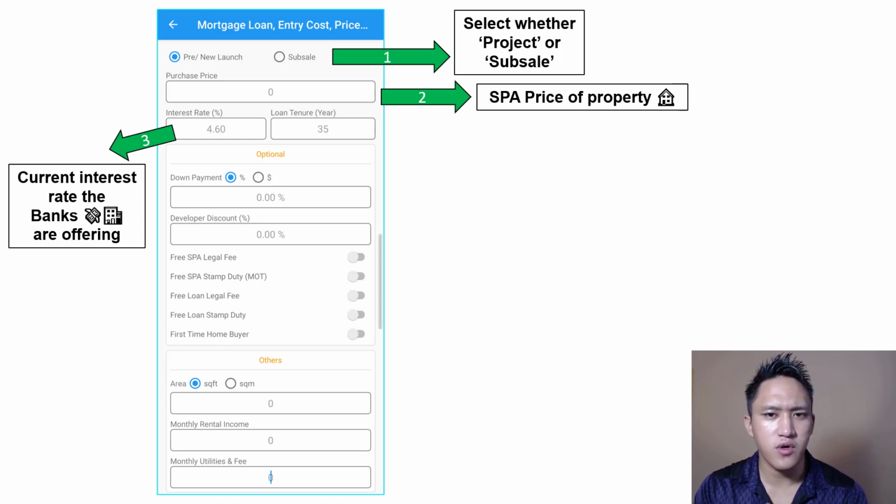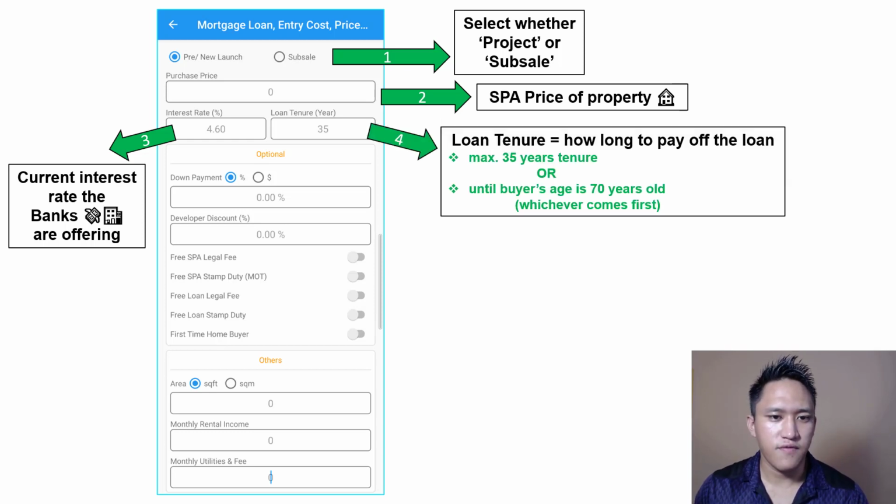And it also depends on your profile, CCRIS, CTOS, your history before this. Okay, how well are you with paying off your previous loans, your car loans, your previous mortgage loans, or credit card debts. Now for the loan tenure, this is how long you're going to have to pay off the loan.